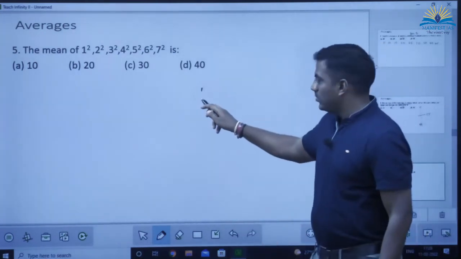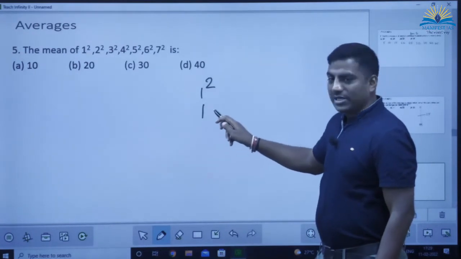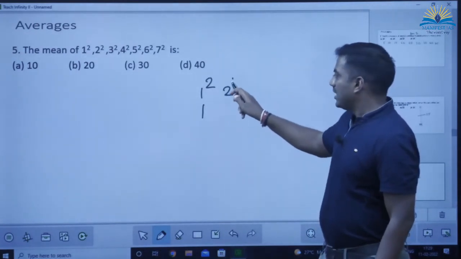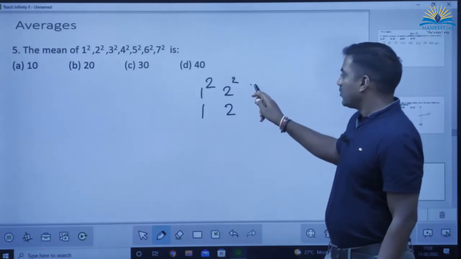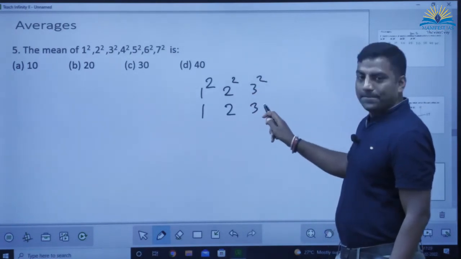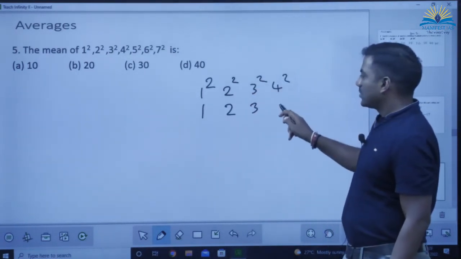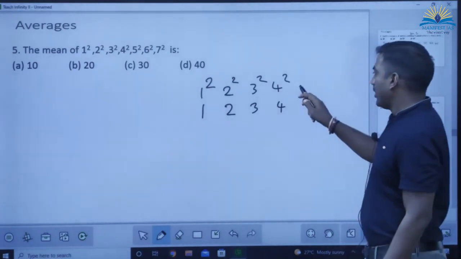So according to you, 1 square is 1, 2 square is 2, 3 square is 3, 4 square is 4. I'll come to your point.